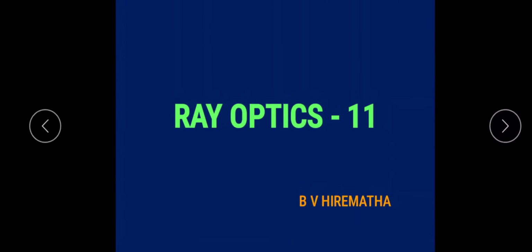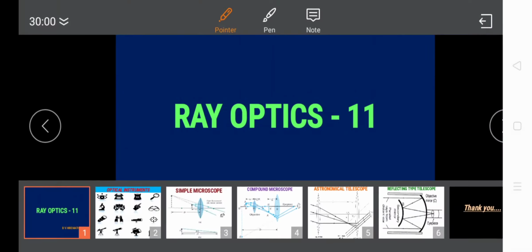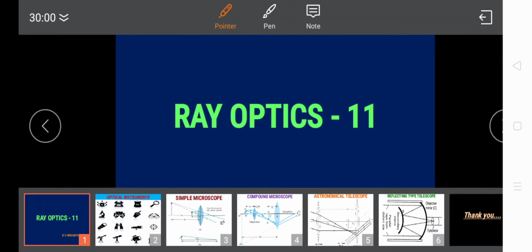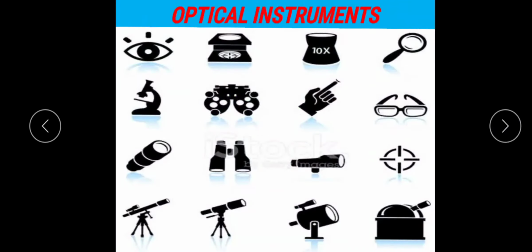Today we are going to discuss the last part of ray optics, that is optical instruments. Optical instruments are devices which help us in observation and detailed examination of objects.